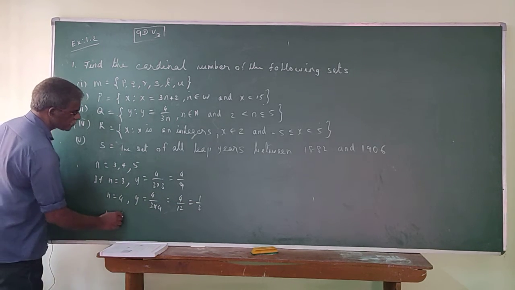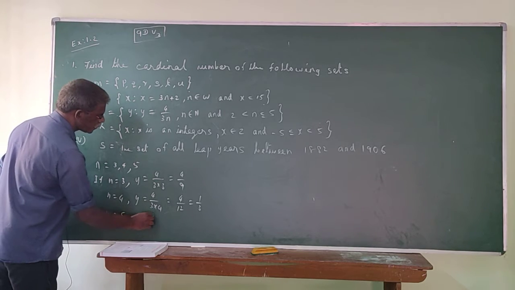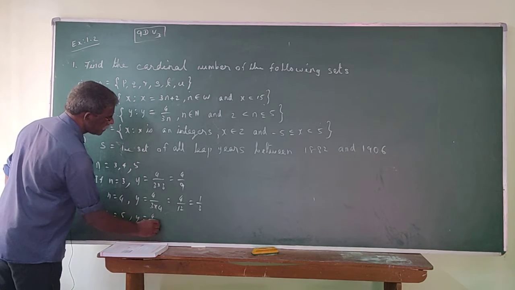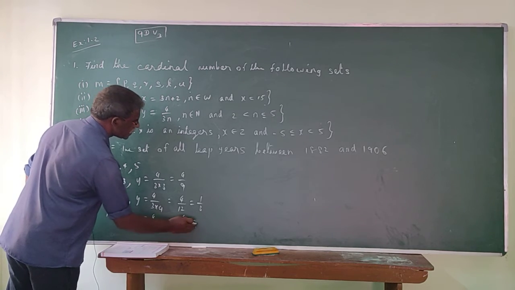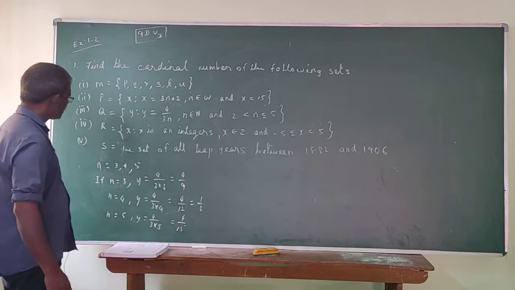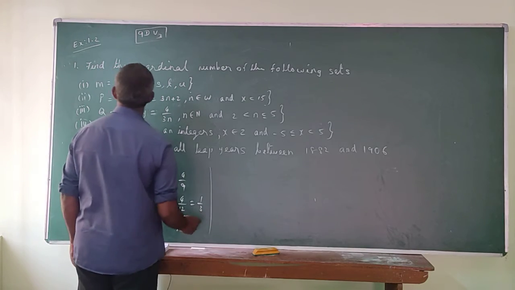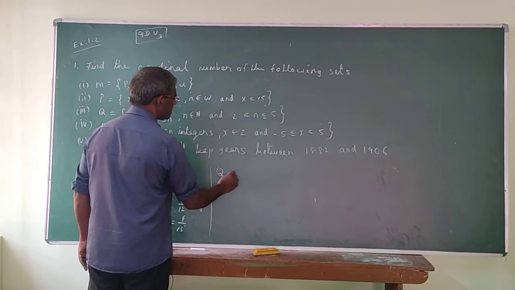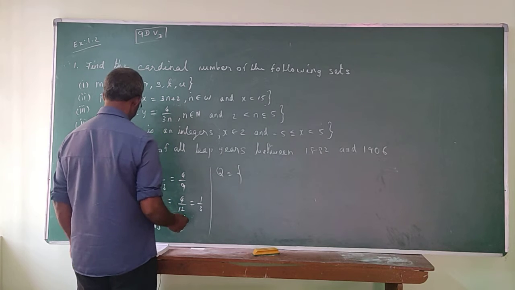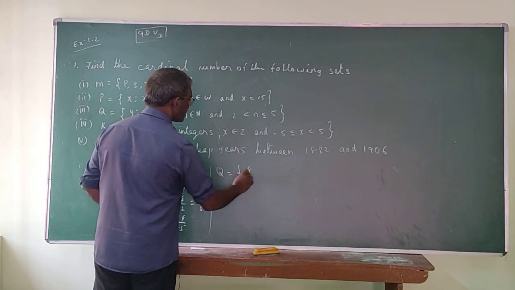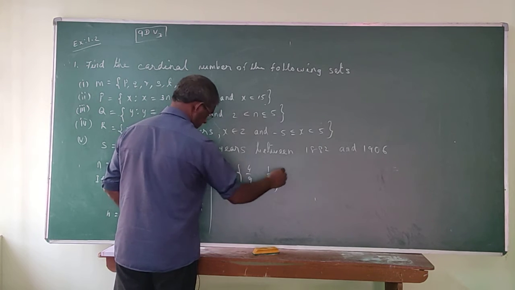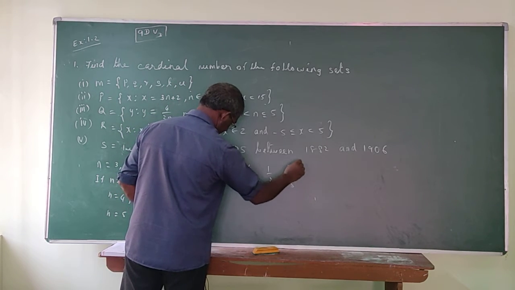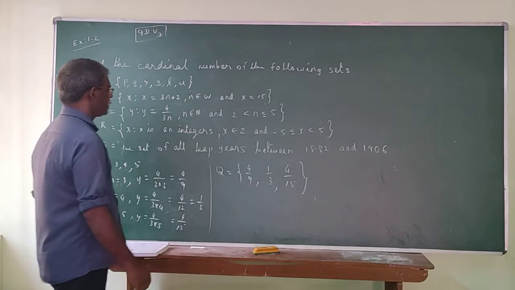Then n is equal to 5, y is equal to 4 by 3 into 5, which is 4 by 15. Therefore, Q is equal to the set of 4 by 9, 1 by 3, and 4 by 15.